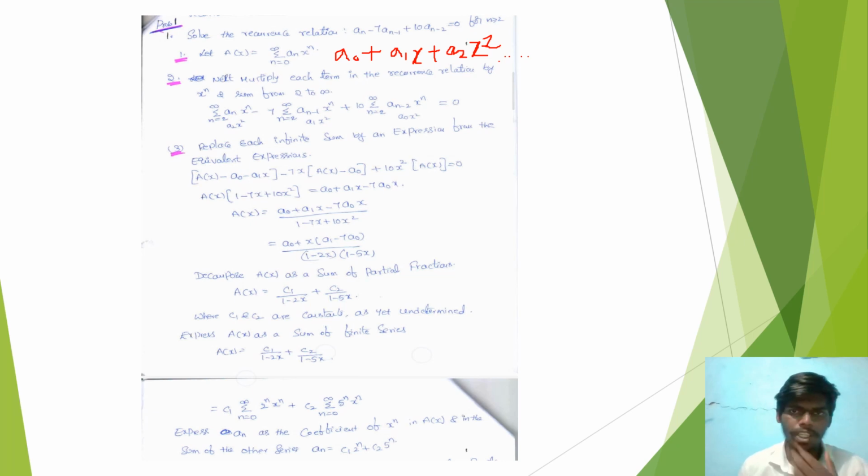Here we'll miss the a0 and a1 x terms. And A of x is equal to a0 plus a1 x plus a2 x square plus a3 x cube and up to so on.